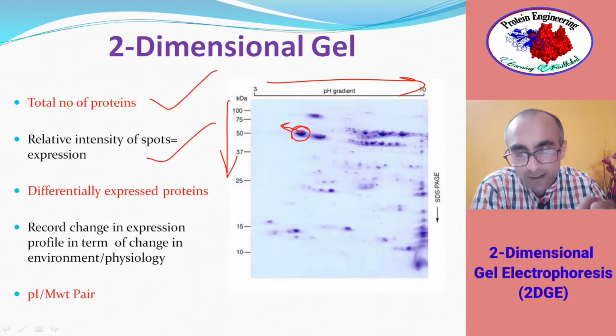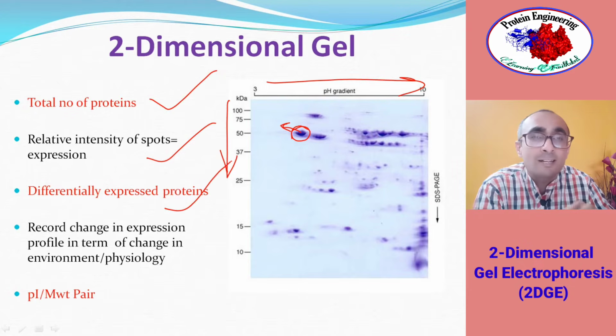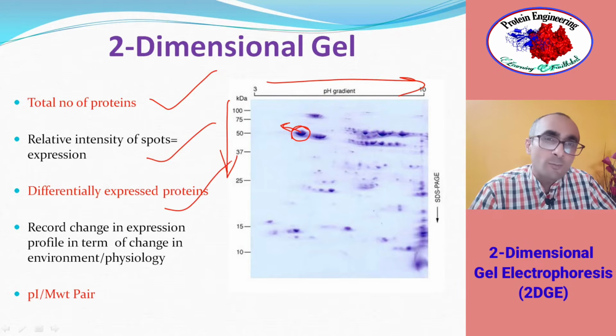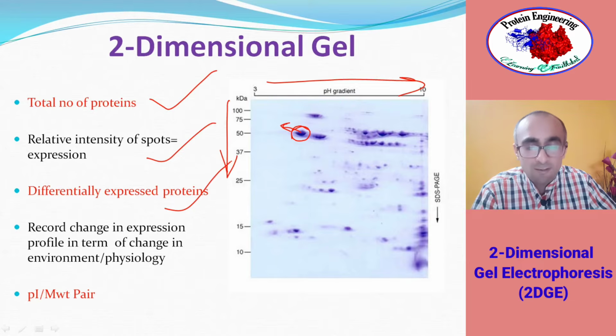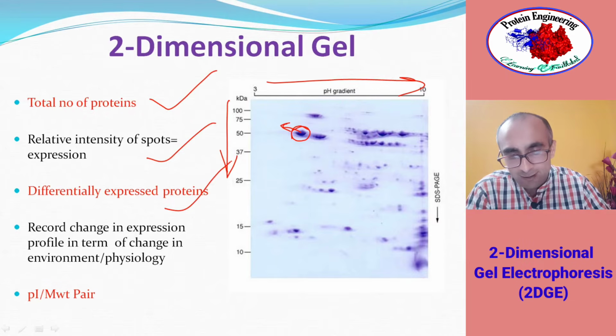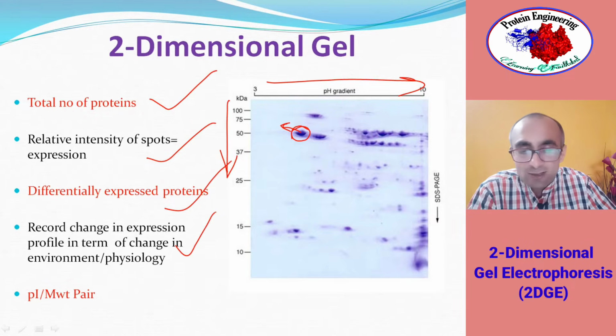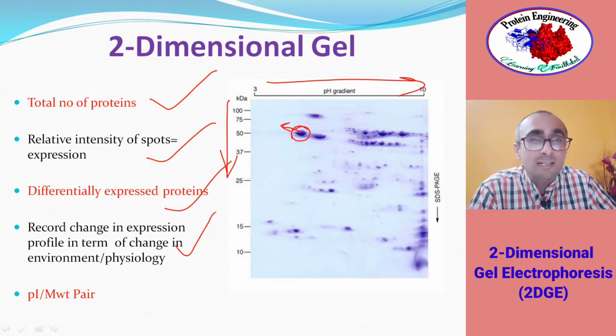We also can derive information about differentially expressed proteins. We can compare gels from two different conditions, and find out which proteins are being expressed differentially in either of the samples. We also can record change in expression profile in terms of change in environment or physiological conditions.